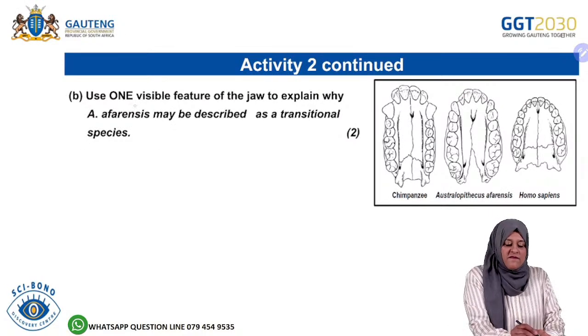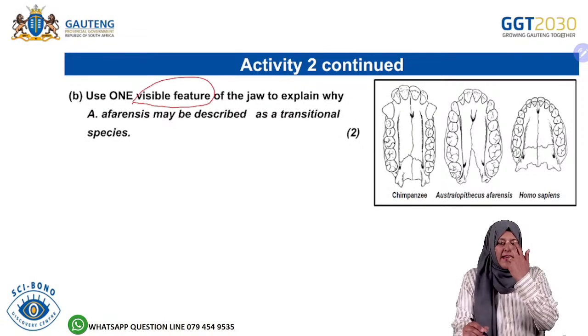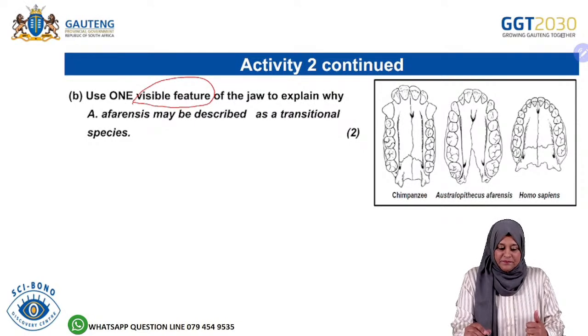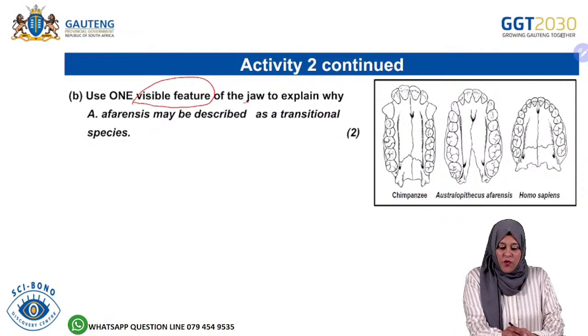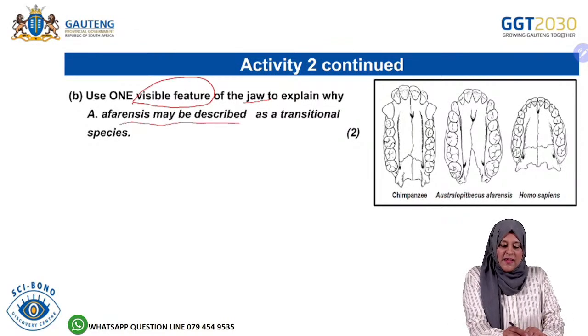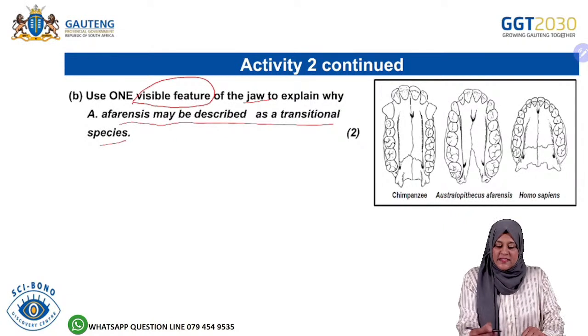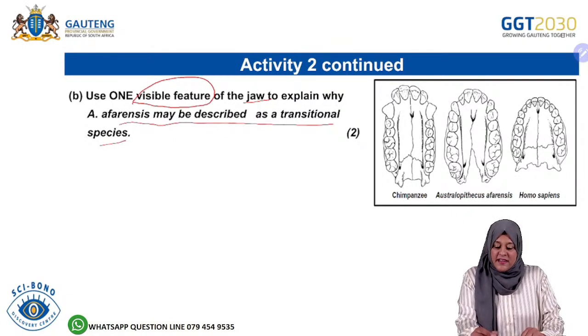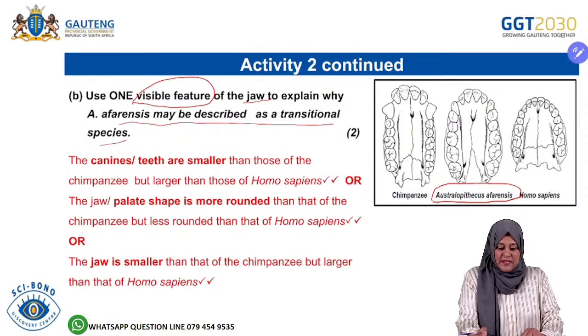Use one visible feature. When we say visible, it means you can see it from the diagram of the jaw, to explain why Australopithecus afarensis may be described as a transitional species.